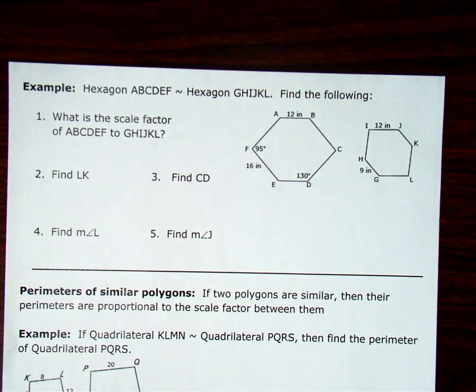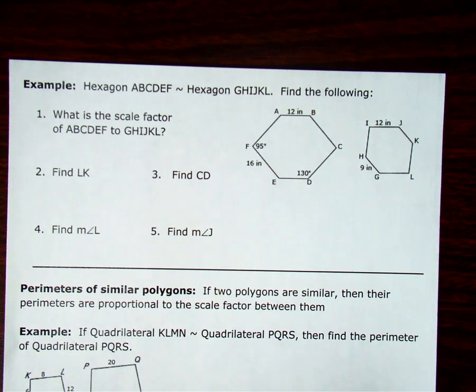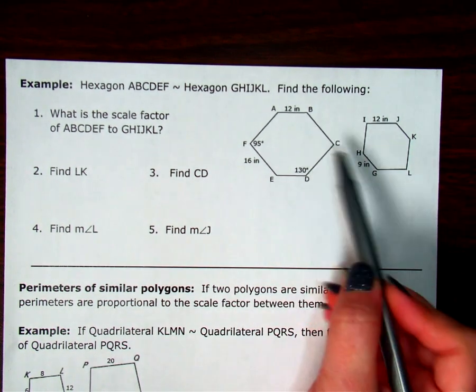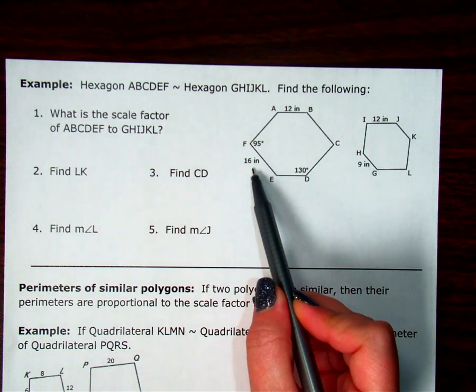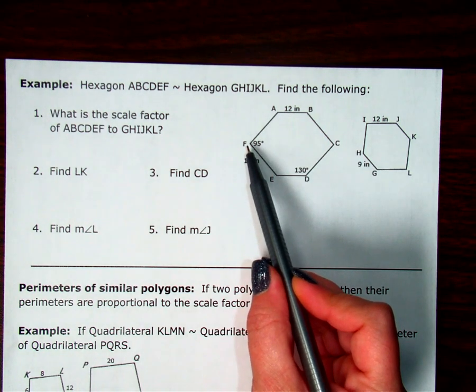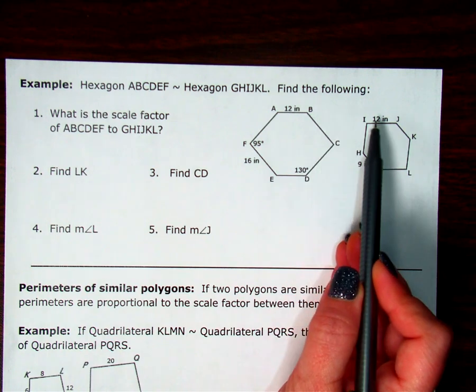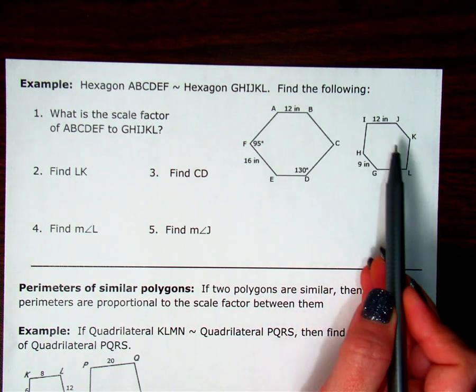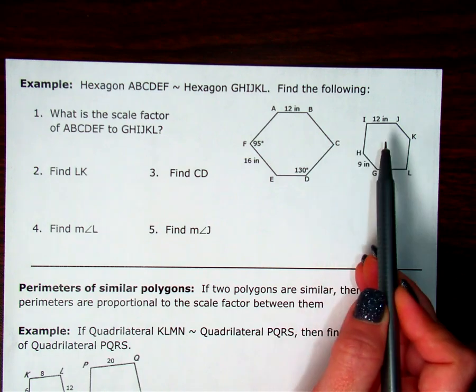So when I'm looking at hexagon ABCDEF is similar to hexagon GHIJKL, my order is going to be super important to make sure that I'm lining up things that match. It's real tempting to say that we talked at the end of the last video that, well, it's tempting to kind of try to put these two together, 12 and 12, but that wouldn't make sense if this one's smaller, but yet these were the same.